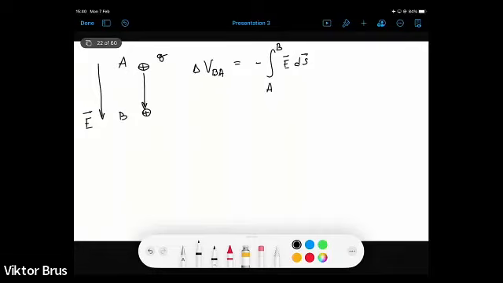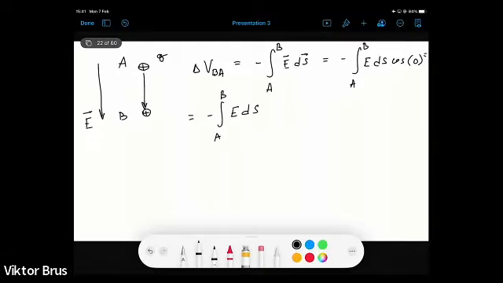Scalar product, in our case, since the displacement vector is parallel to the electric field vector, we can write minus integral from A to B of E ds, magnitudes of these vectors, times cosine 0. There is no angle between them. Cosine 0 is unity, so we end up with minus integral from A to B of E times ds.